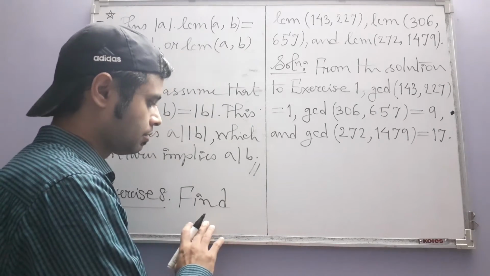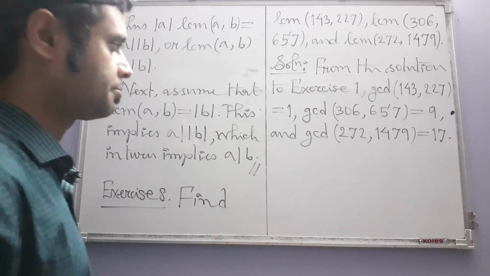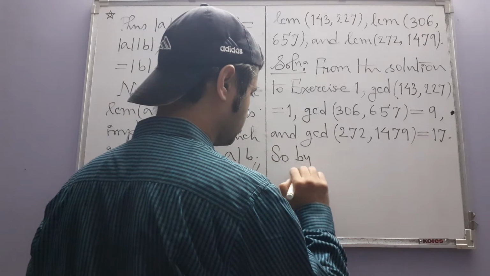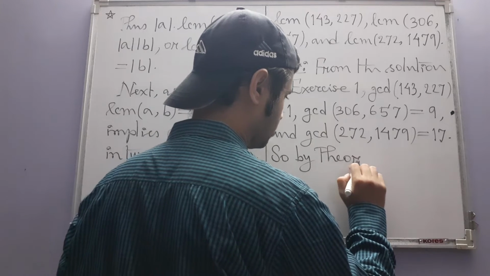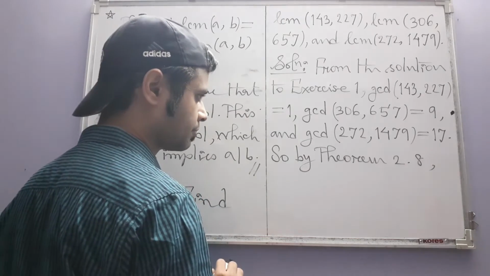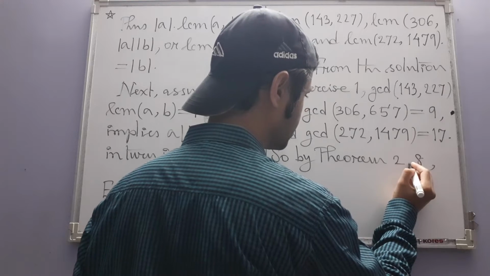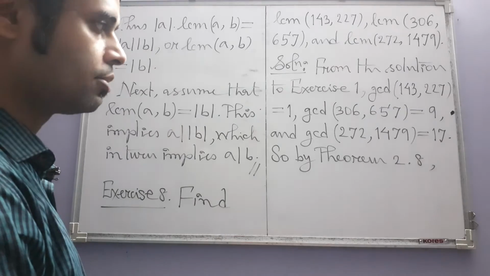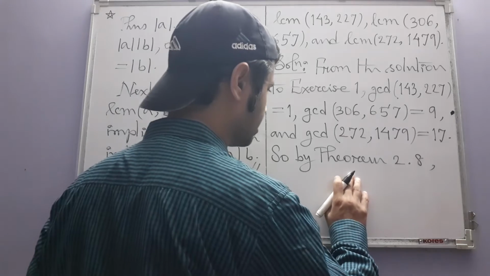But if you are solving a standalone problem, of course you have to show all the things. So by theorem 2.8, I am not really sure how we should read these things, as 2.8 or theorem 2.8. I am not entirely sure. Okay, I will see it later.